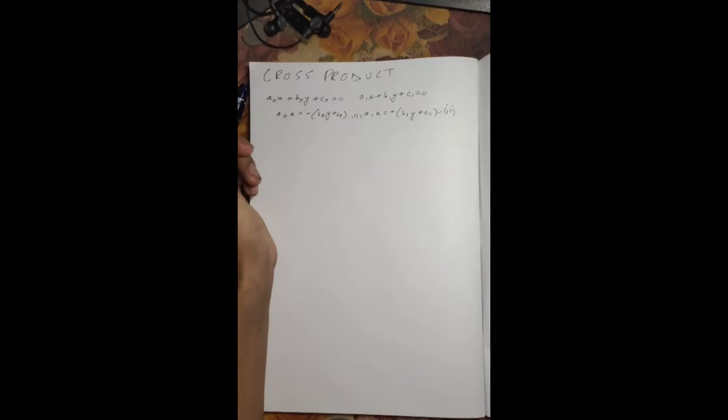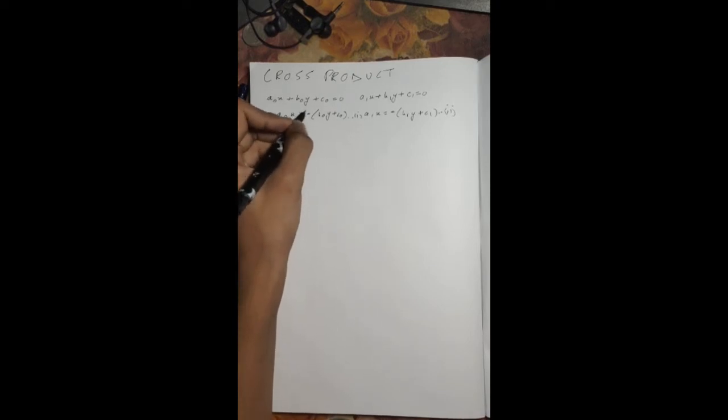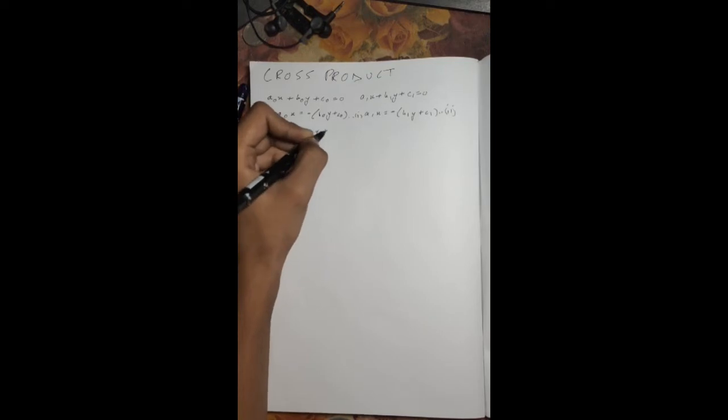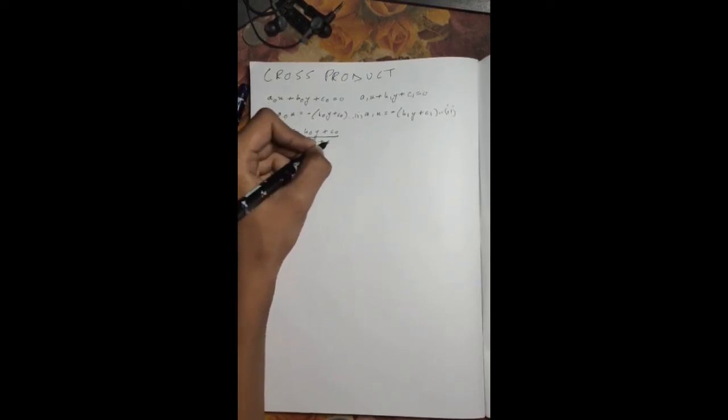We'll divide first by second in our case, and we'll find a naught over a1 equals, since negative upon negative is positive, b naught y plus c naught over b1 y plus c1.